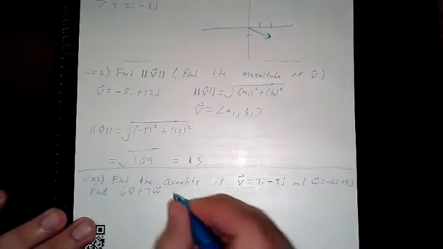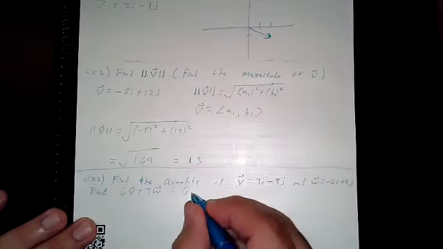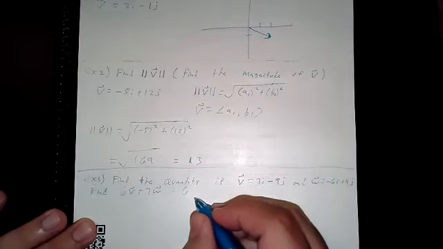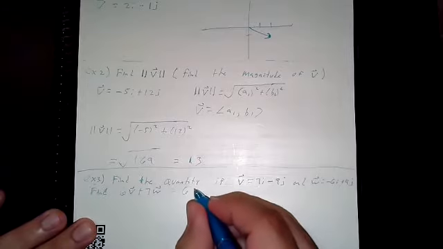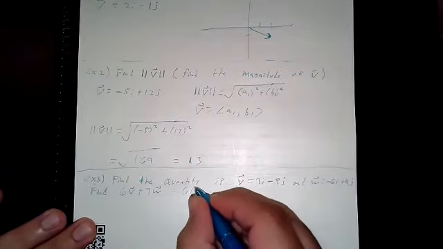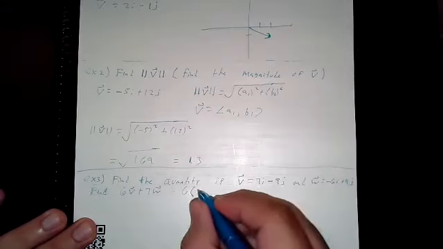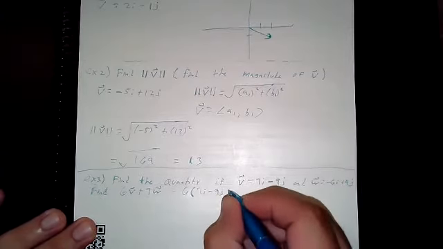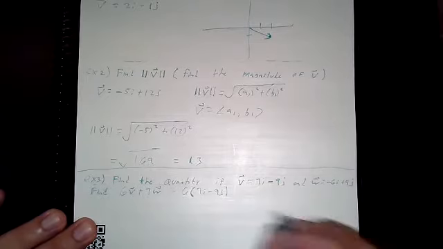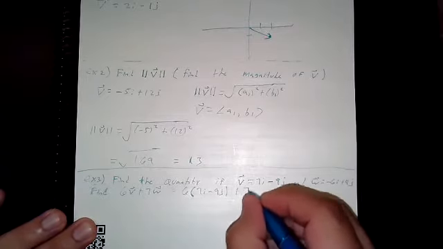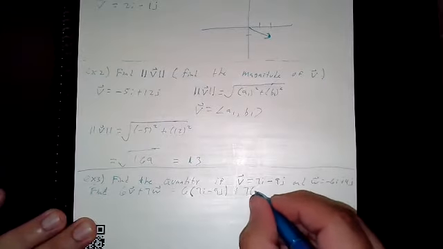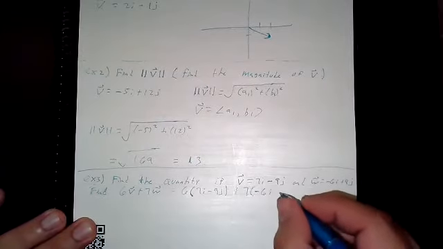So this would simply be 6 times 7i minus 9j, plus 7 times negative 6i plus 4j.